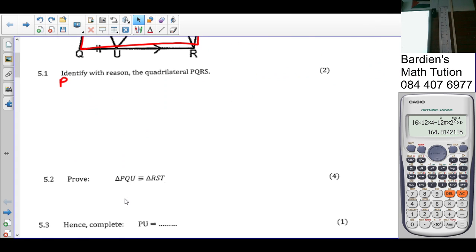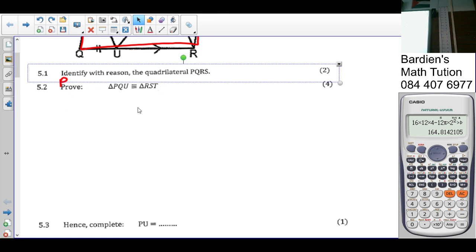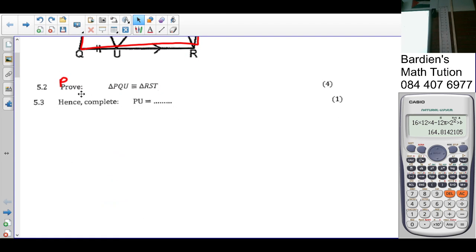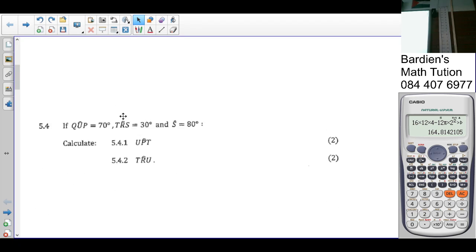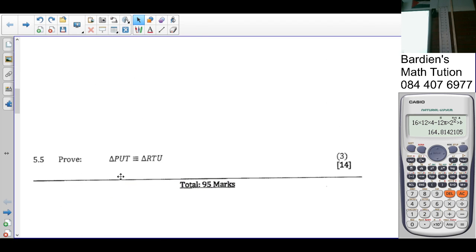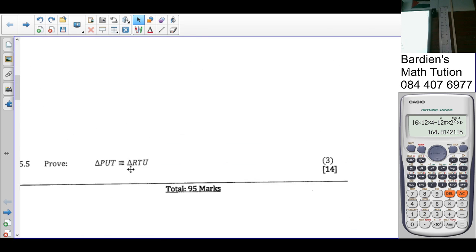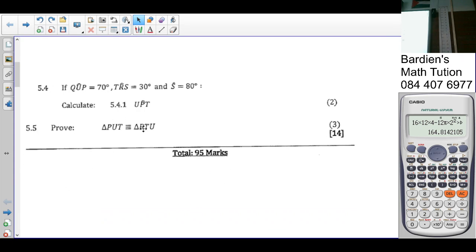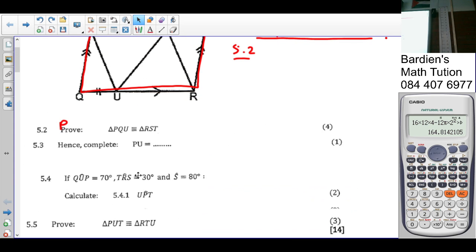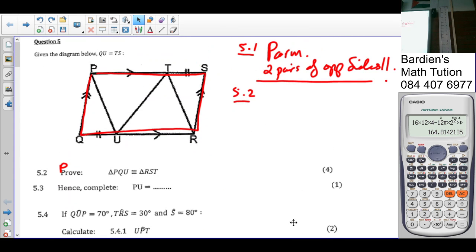Right, let's look at the next question. Okay, so if this is now a parallelogram and we proved it's a parallelogram, all the parallelogram properties are applicable here, which is what?